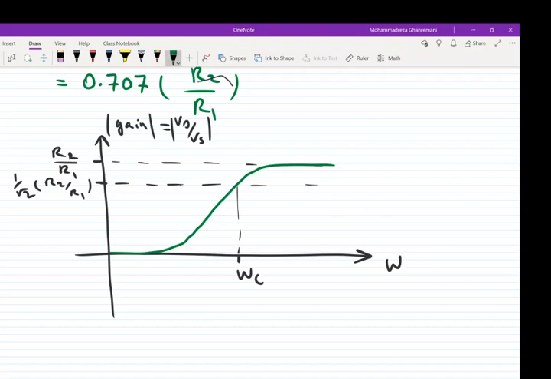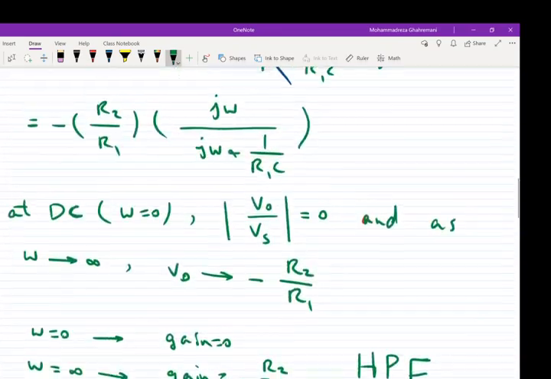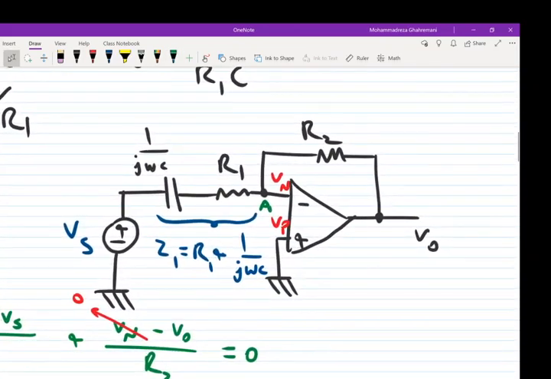Okay, the other thing: if we have this circuit and, without solving the circuit, somebody asks us what kind of filter this is, if you remember, we did the same trick for passive filters. Can we find out the type of the filter by just looking at the circuit?